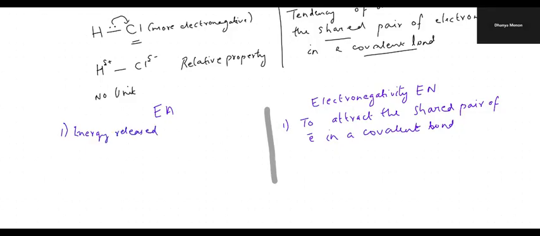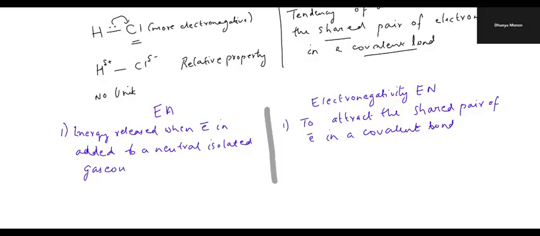When an electron is added to a neutral isolated gaseous atom. So we are talking about individual atoms in electron affinity, a neutral, individual, isolated atom.